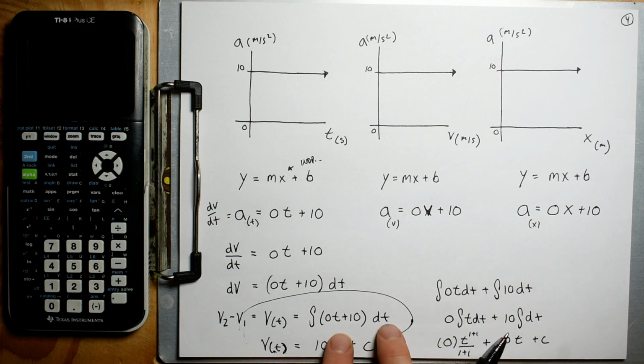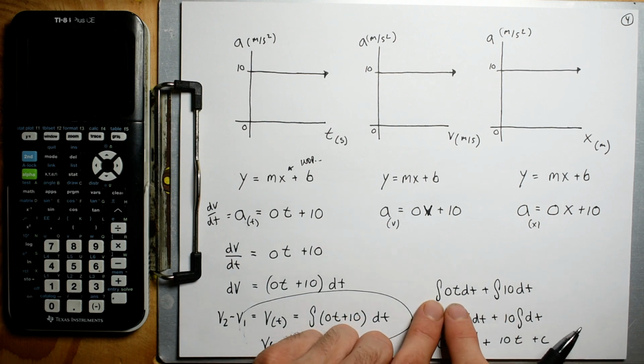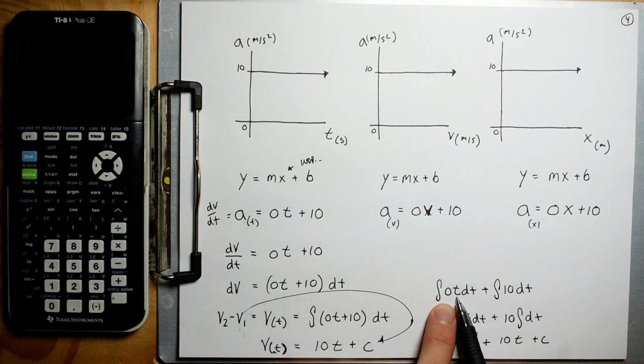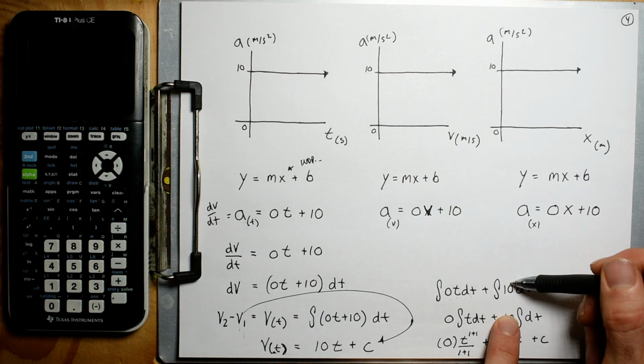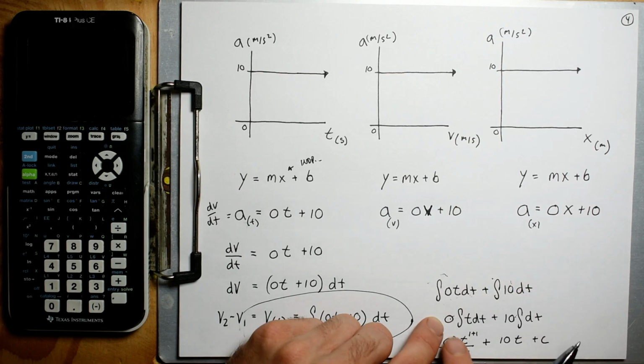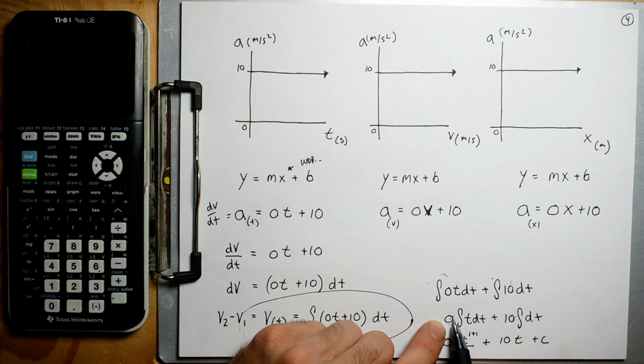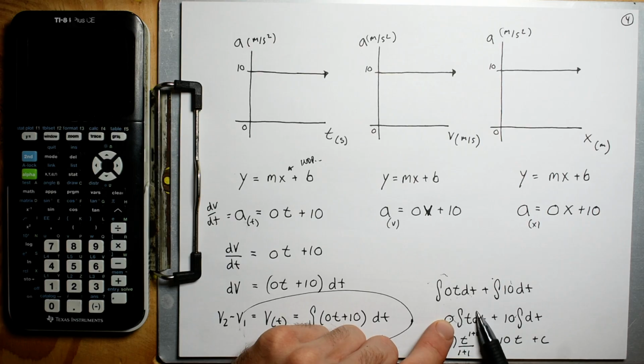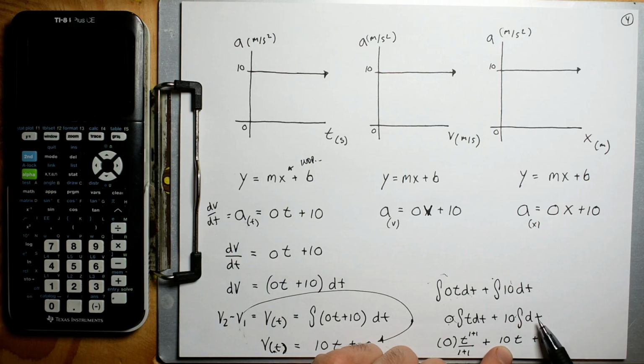I can set up the dt, and do the integration of 0t dt plus the integration of 10 dt. This constant of 0 comes out. Again, we have that same situation: anything that happens in here is meaningless because this 0 will cancel it out. But we do have t to the 1 plus 1 divided by 1 plus 1. That's the power rule. And dt just becomes t.